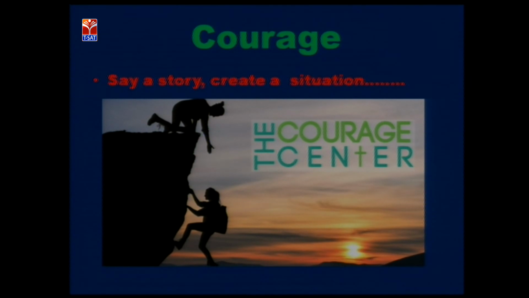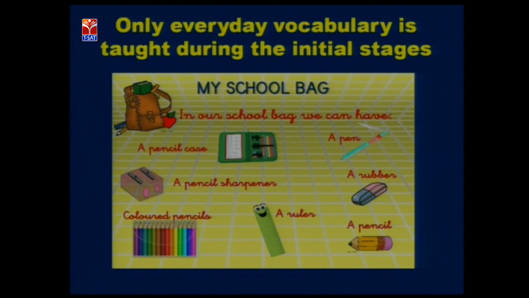She is climbing that mountain without any fear. She is a courageous girl, and you may create situations, say a story, in order to present what we call abstract vocabulary. That means they can't see. They should feel that. They should make out, retrieve the meaning of that word. Those types of vocabulary we have to teach.